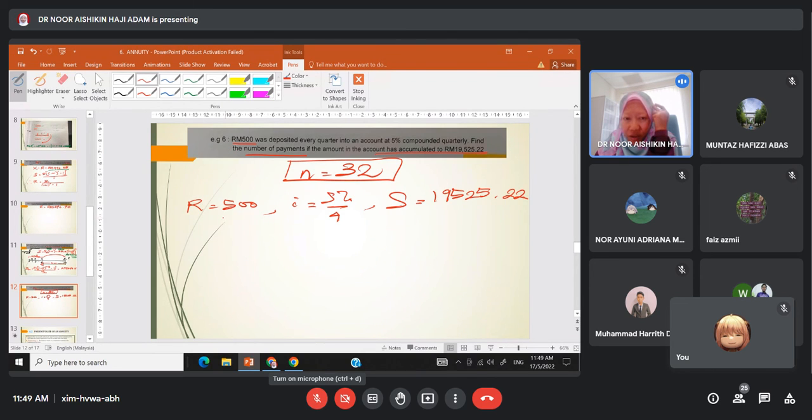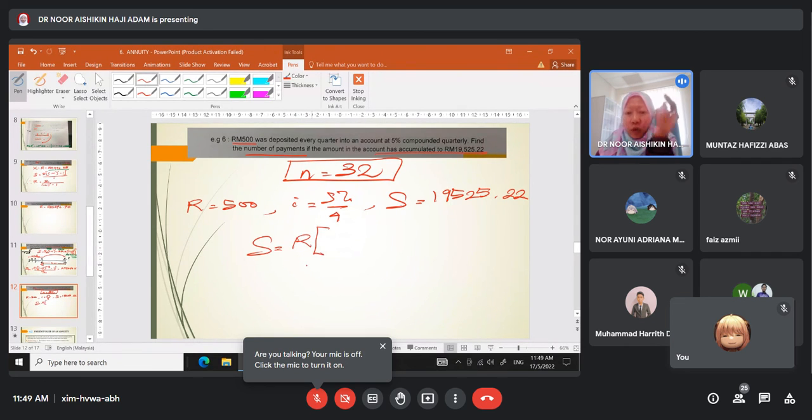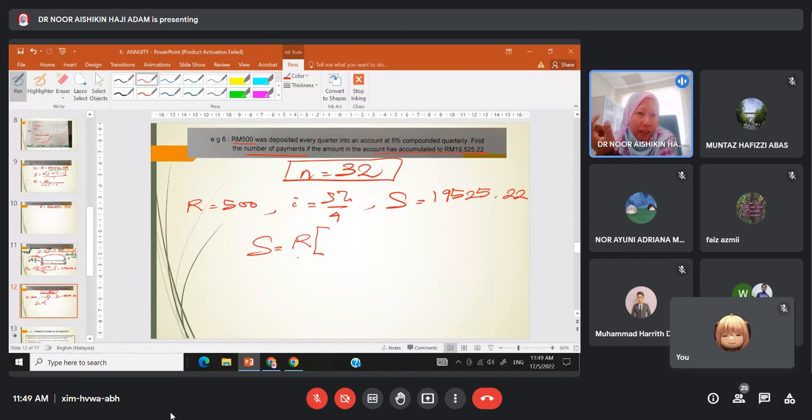You identify what's given in the question. You have R, you have I, you have S, you want N. Obviously, your formula, masukkan je dalam formula. What is our formula? S equals to R times. Now, ini is good to make it a habit of writing down the formula time and again. Bukan tulis soalan, tulis formula. Sebab kalau formula salah, everything will be wrong.